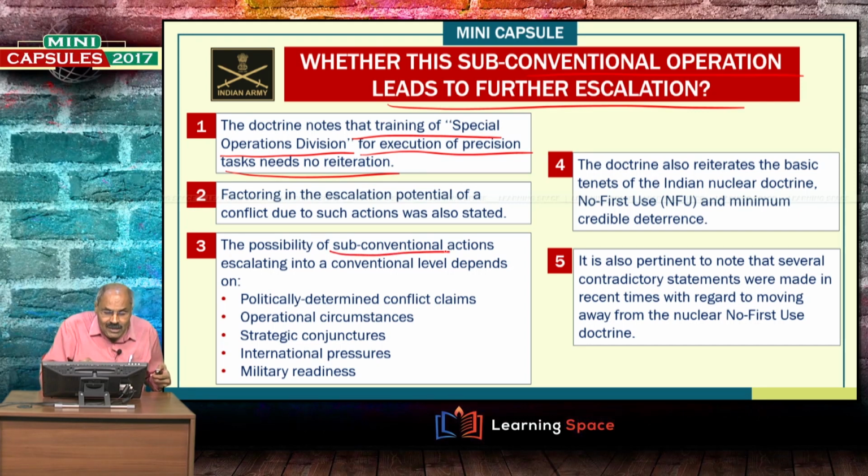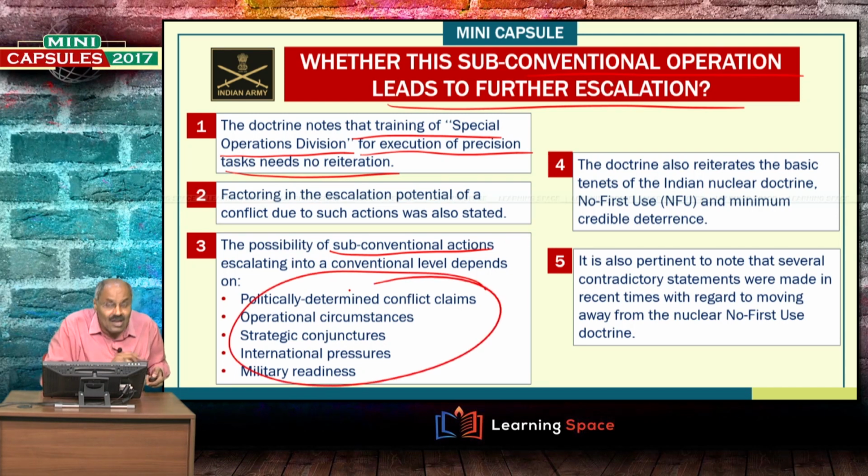And the possibility of surgical strikes escalating into regular conventional warfare depends on several factors. The factors are given here. Sometimes surgical strikes may escalate into conventional warfare, and under these circumstances it may take place. So, it all depends on these circumstances.